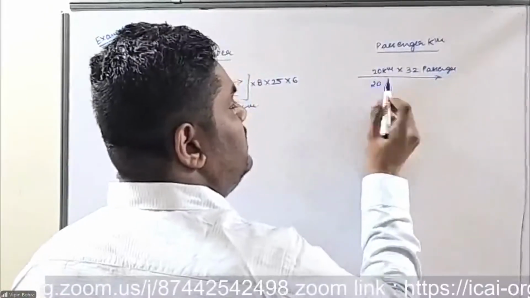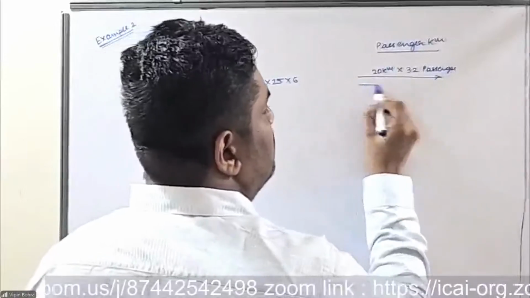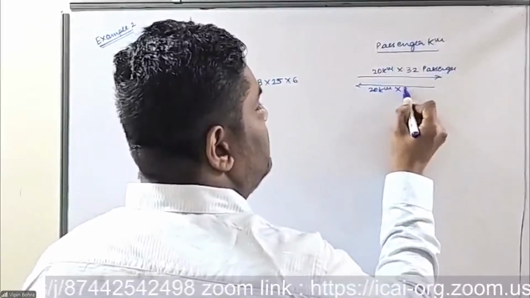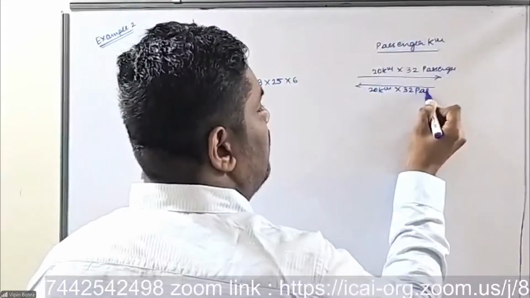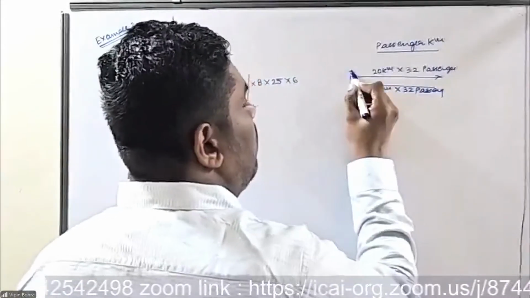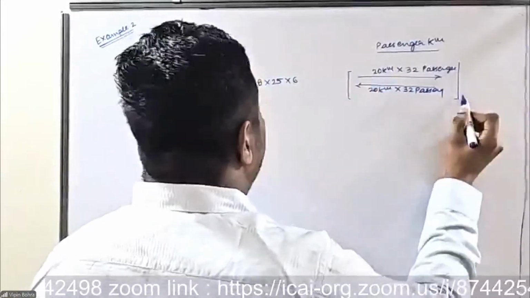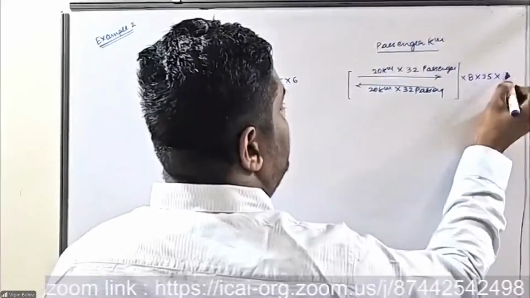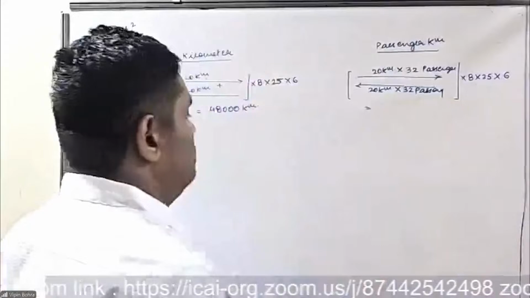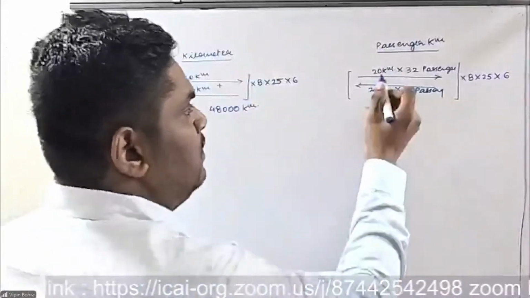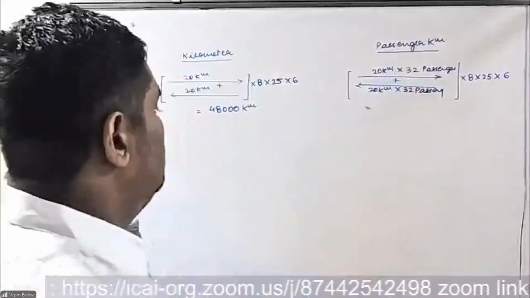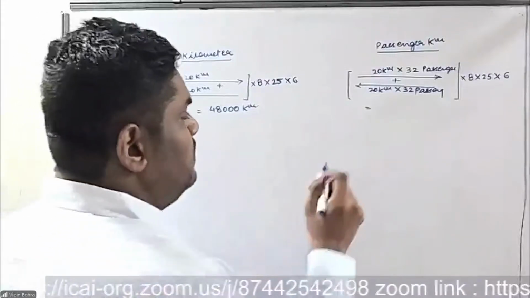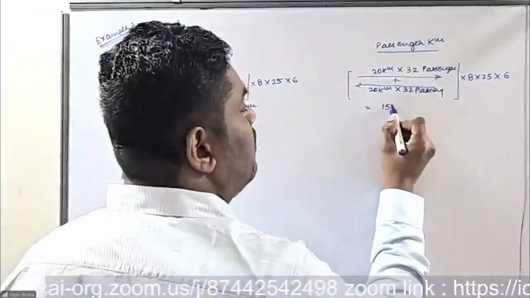And in the return journey also, 20 kilometers they are traveling with 32 passengers. Again, 8 times in a day into 25 days in a month into 6 buses. So this will be 15 lakh.